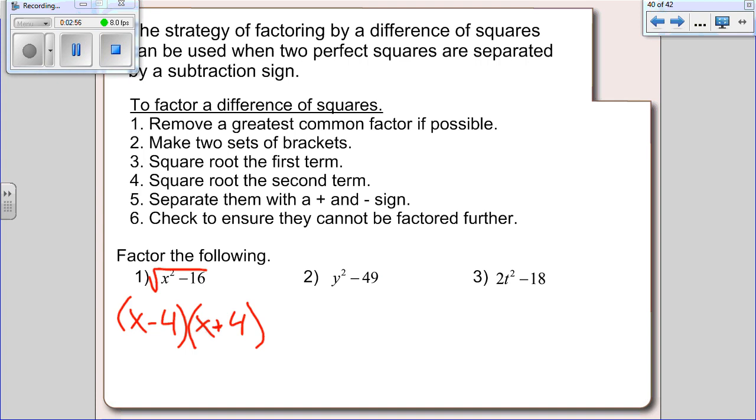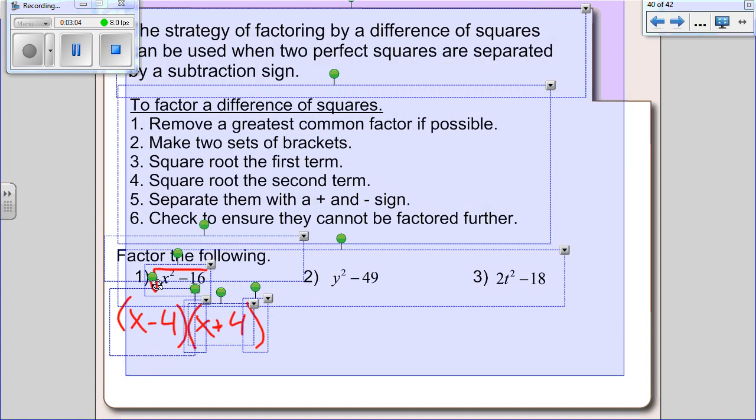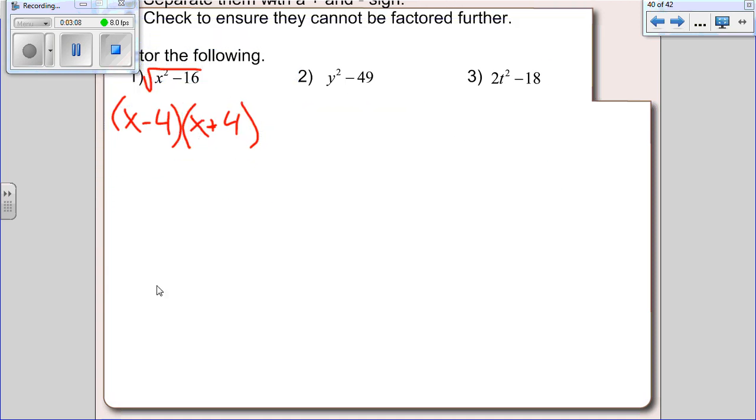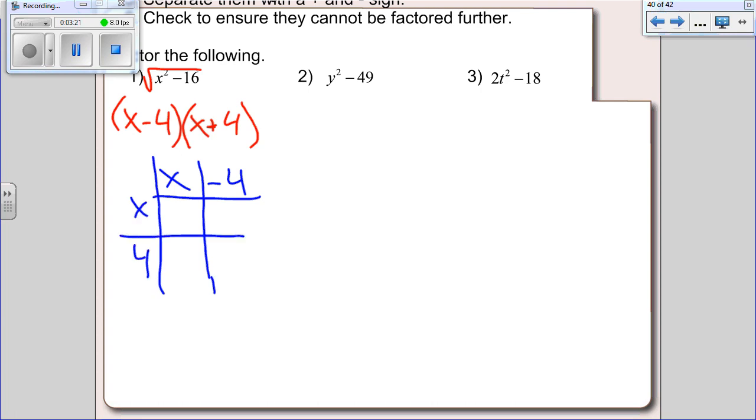If you're not sure how this possibly works out, if you took any question like this, I'm just going to slide that closer. Remember, we unmultiply. That's what factoring is. So if we remultiply these things together, let's just see what happens and why this works out. X and x would create x squared.